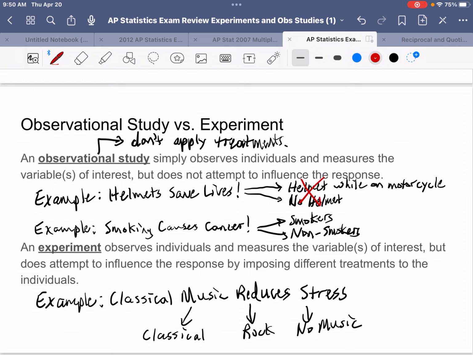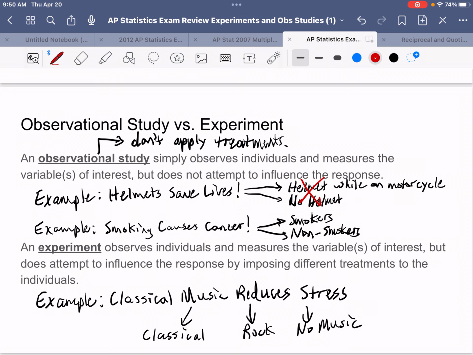So a better observational study is where you just dig through records, hospital records presumably, to compare the death rates of motorcycle drivers that wear helmets versus no helmets. So the researchers wouldn't apply those treatments. They would simply observe what records already say about the difference between wearing a helmet and not.